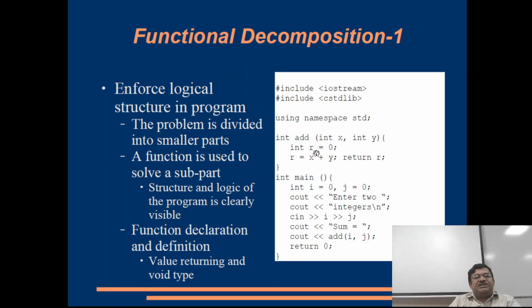If I try to access this R from main, R is not defined in main. The compiler will complain that R is not defined, right? So this integer R, this identifier, is alive only within this function space. It has its limited life, right?